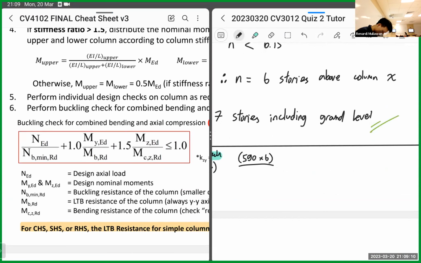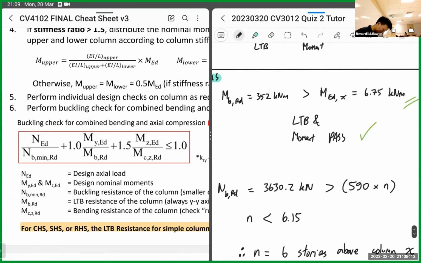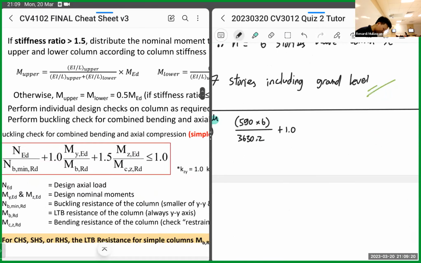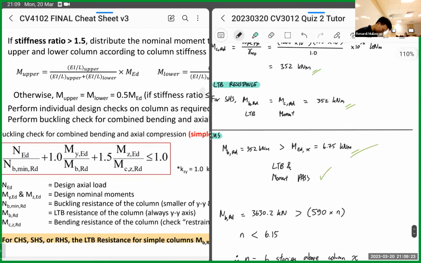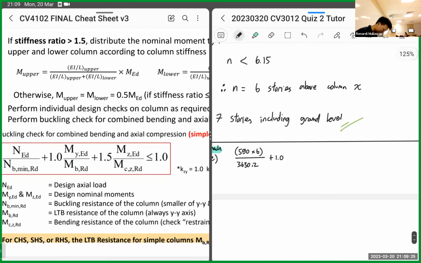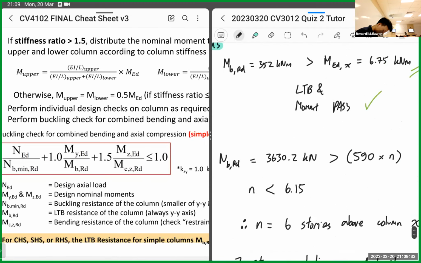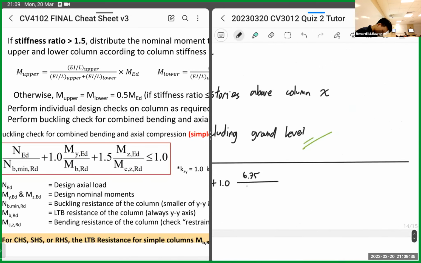Divided by just now is this one, 3630, plus 1.0. MYED is what? MYED is 6.75, which is very low. 6.75 divided by 352 plus 1.5.